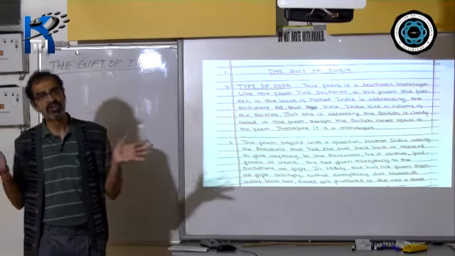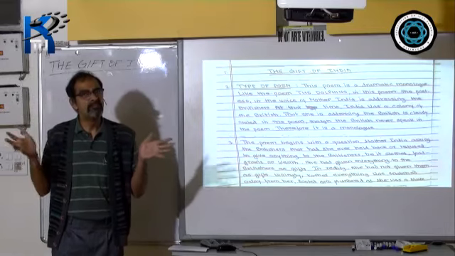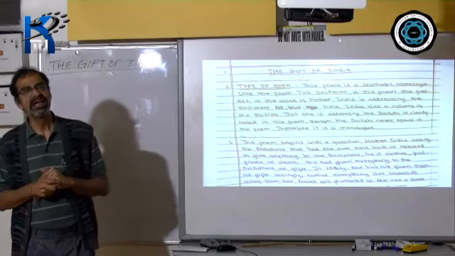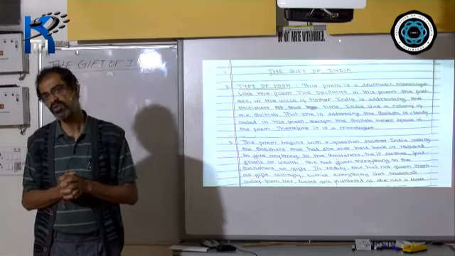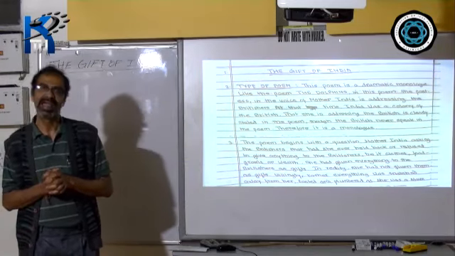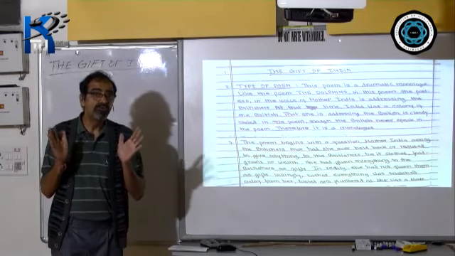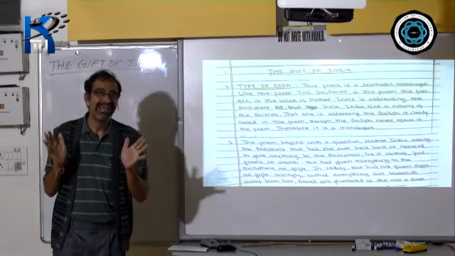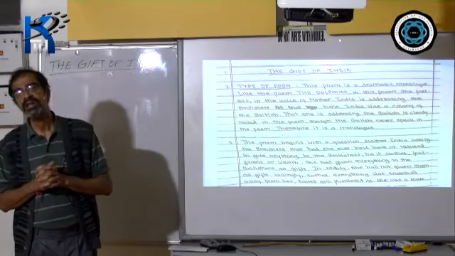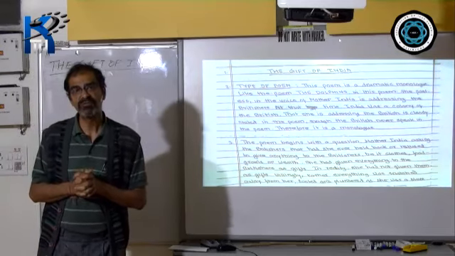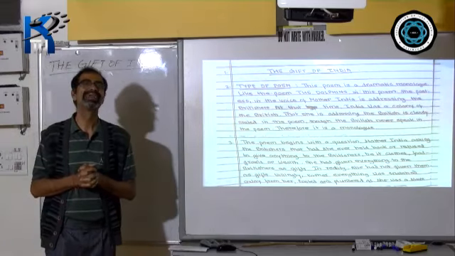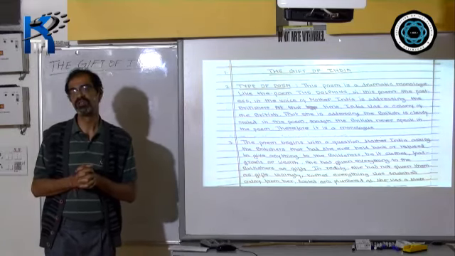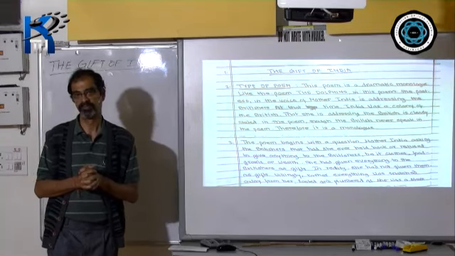These Indian soldiers, these young men, were fighting in various battlefronts in various parts of Europe and Asia. Out of these 1 million Indian soldiers, nearly 75,000 of them died or were killed in the First World War.